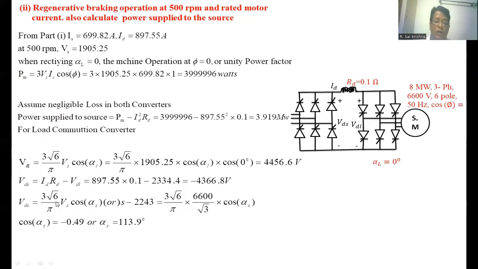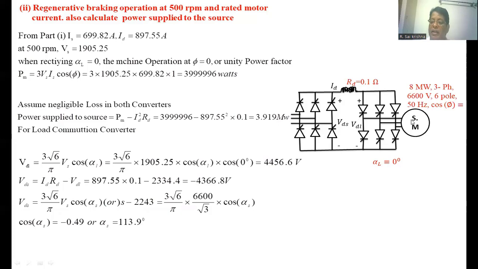Now VDS equals 3 root 6 by pi Vs cos alpha S. Substitute all the values and find alpha S. You get 113.9 degrees. In regenerative braking, this converter operates at a firing angle of 0 degrees, whereas the other converter operates at 113.9 degrees.